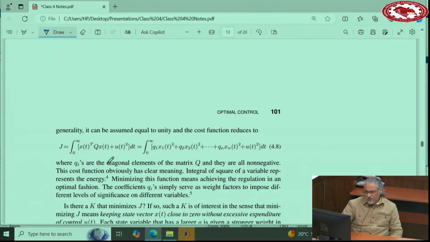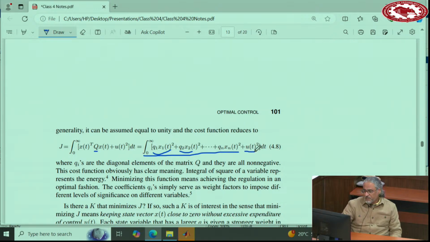Okay, so if you choose Q as a diagonal matrix, and let's say u is a scalar, we only have one input, the cost function becomes this. So like I told you, this indicates the energy of x1 with a weight factor of q1. This indicates the energy of x2 with a weight factor of q2, and so on.